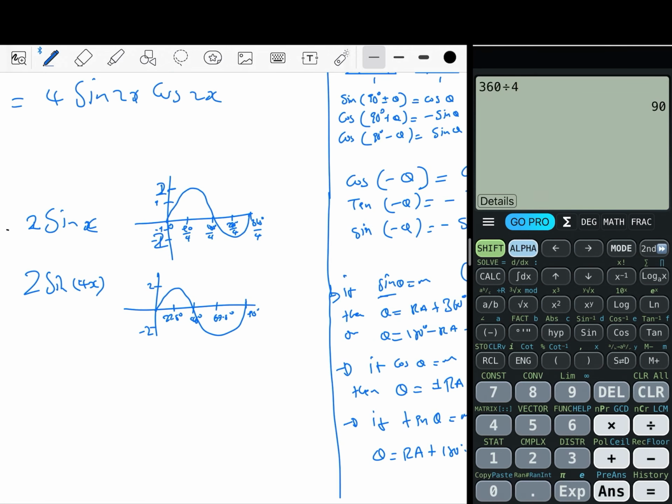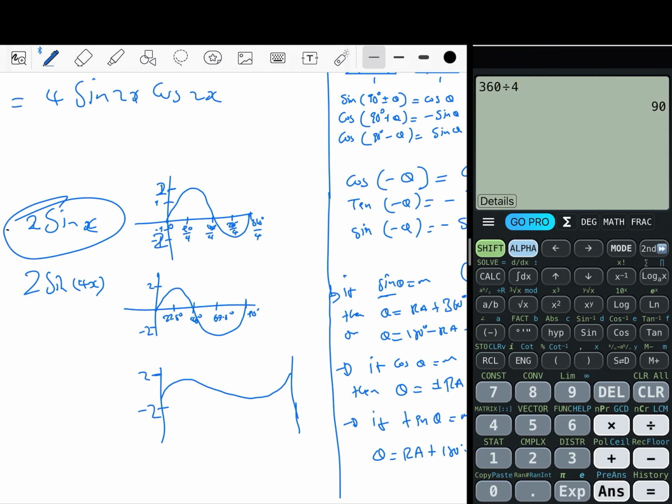so what just happened? If you look at this in perspective, we had a long wave. We had this wave where it was just 2 sine x, and this was 2 and this was -2. But now what we have done is we compressed the wave.